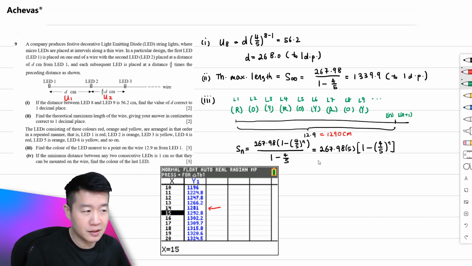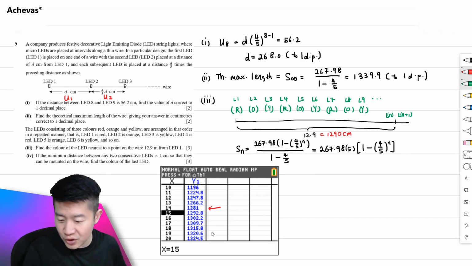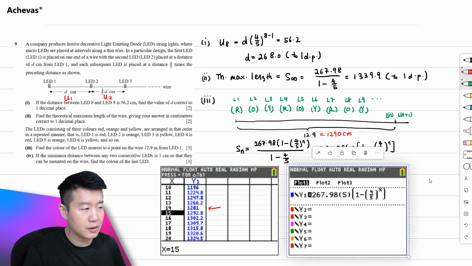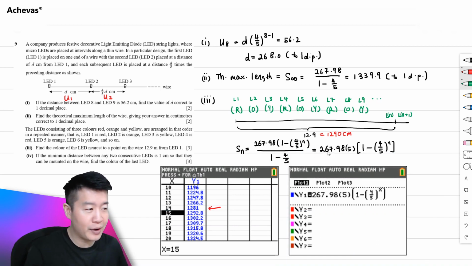To generate the table, we will just press Y1, oh, actually I have a screenshot. Let me show you my screenshot for generating the table. It is just simply this. I will press this entire expression into the Y1 of my calculator, then press second graph to generate a table.